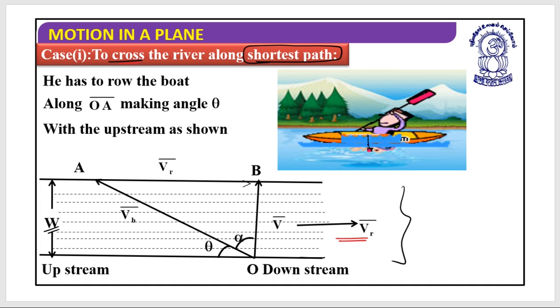This is Vr, as the river current has been shown. Now how should I swim so that I can swim along the shortest path? The shortest path that I know is from here to here only, but to reach here I should start swimming at an angle, this angle alpha.